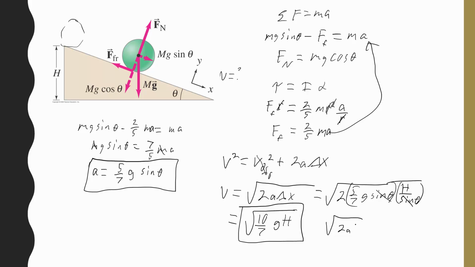Root 2gh would be the speed of a box sliding down a frictionless ramp. So this is a bit less than that, so it's not going quite as fast.